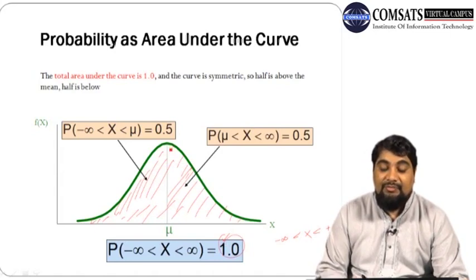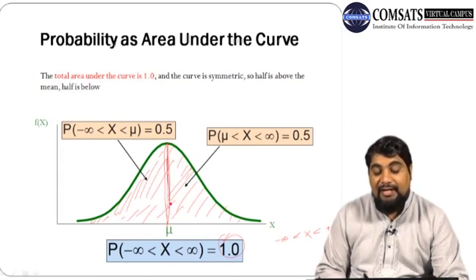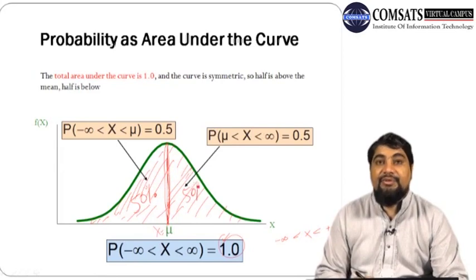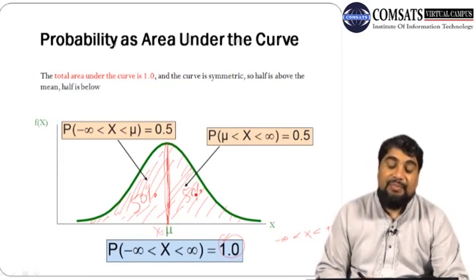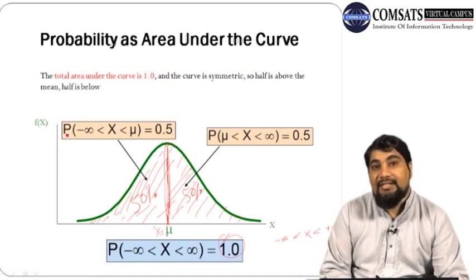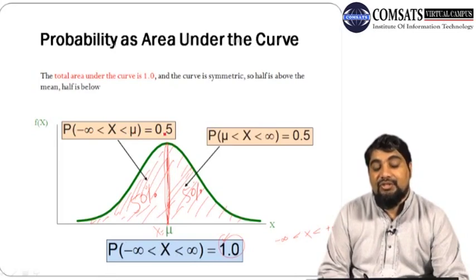And now since it is symmetric, this is the middle line, the mu line. So we can say that at x equals mu, this is the line of separation. On the left hand side we have 50%, and on the right hand side we have 50% area. So we can write the probability that minus infinity less than x less than mu is equal to 0.5 or 50%.